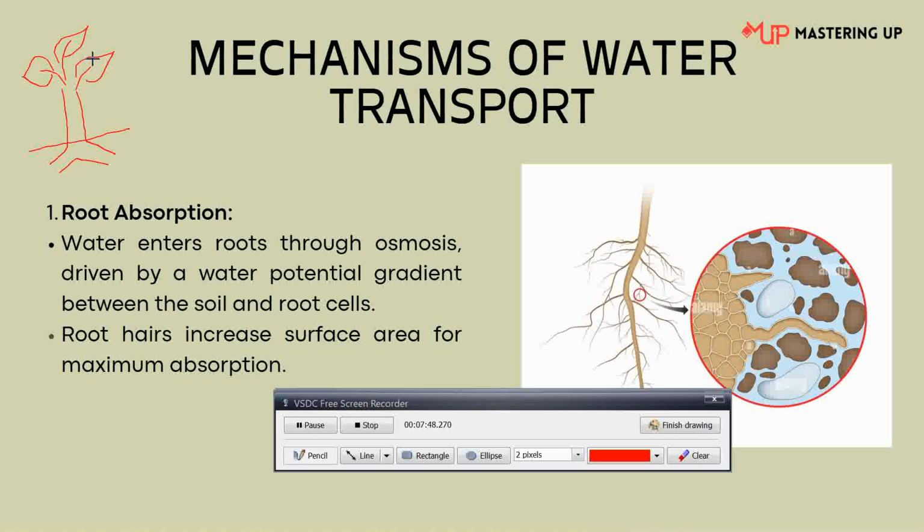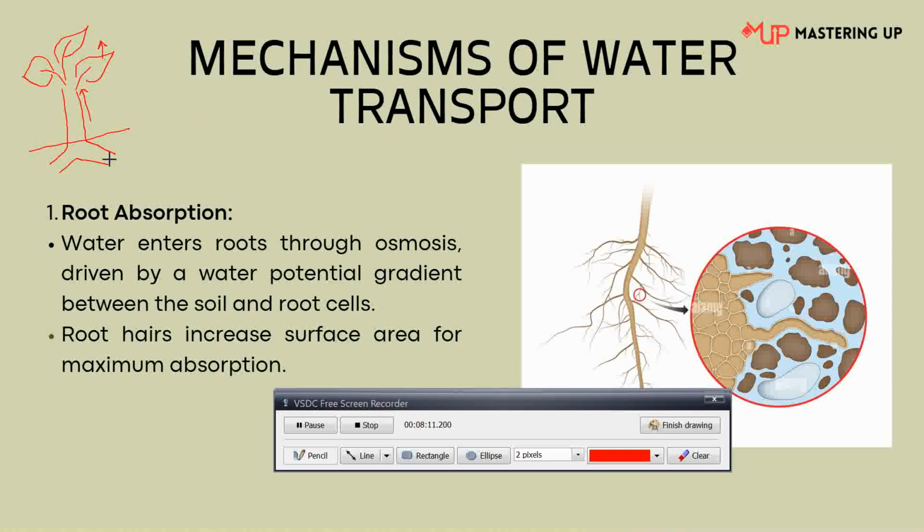There will be small pores present on the leaves, and through these pores, through the stomata, water is transferred out. Water comes out, so this creates a decrease in the amount of water in the leaves, so that water is transported from the roots to the upper part.